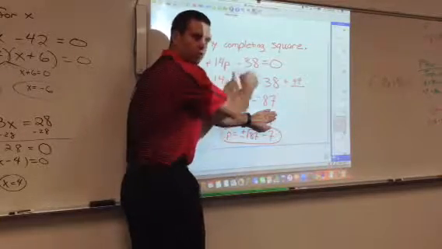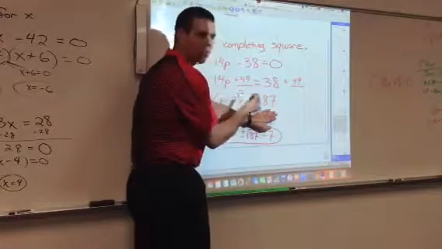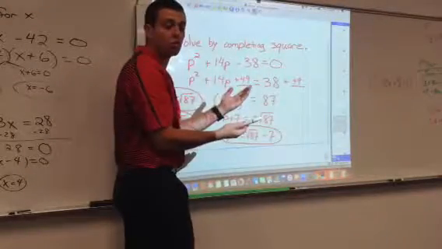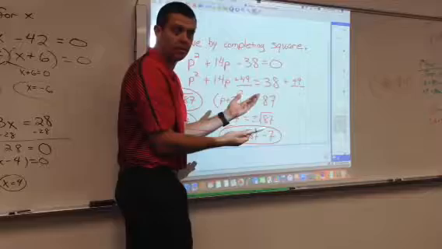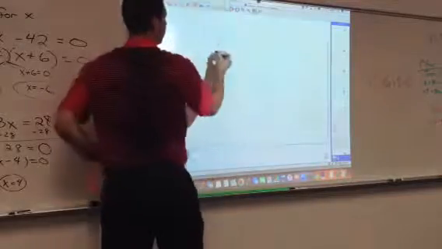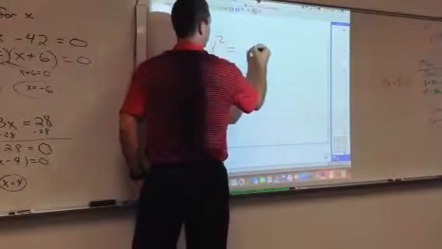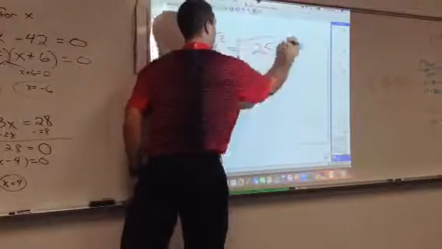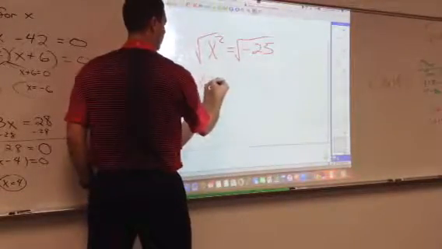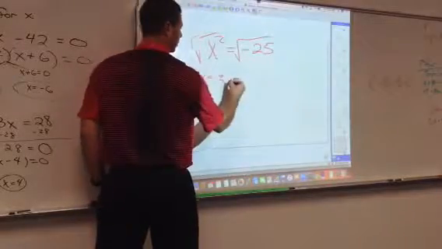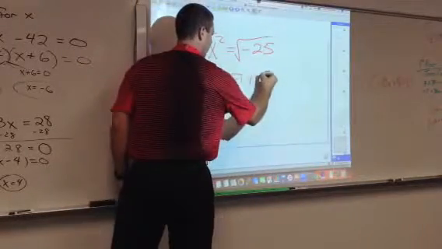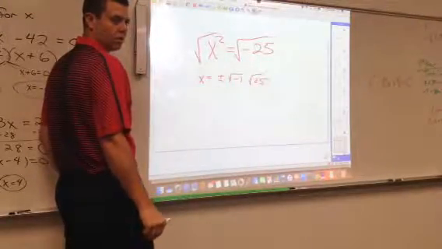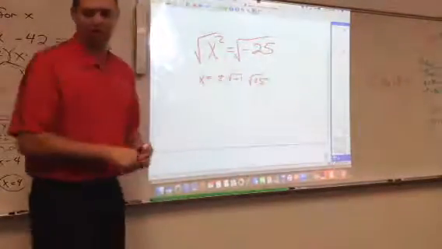Square root. What happens when you square root a negative number? Remember, x squared equals negative 25. What happens when I do this? We'll save this for a little bit.